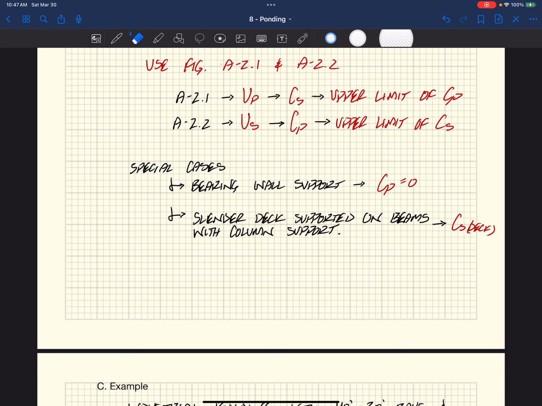As I mentioned, every bay could be susceptible or could not be susceptible. It depends on the sloping of the roof, the orientation of some of the members. And we went through those 4 different conditions where it's required to check, or what's considered a susceptible bay.